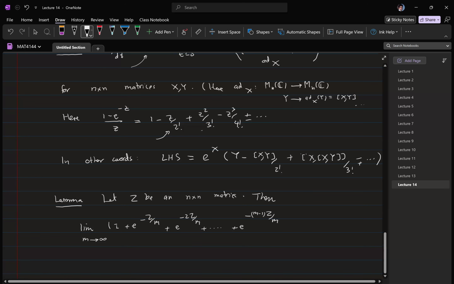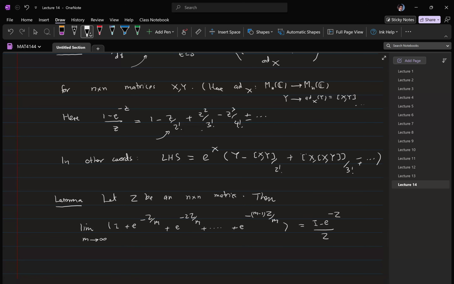There are m terms in the summation, and they're like e to the minus kZ divided by m. This is equal to (1 minus e to the minus Z) over Z, where the right-hand side, again, is interpreted as a series.